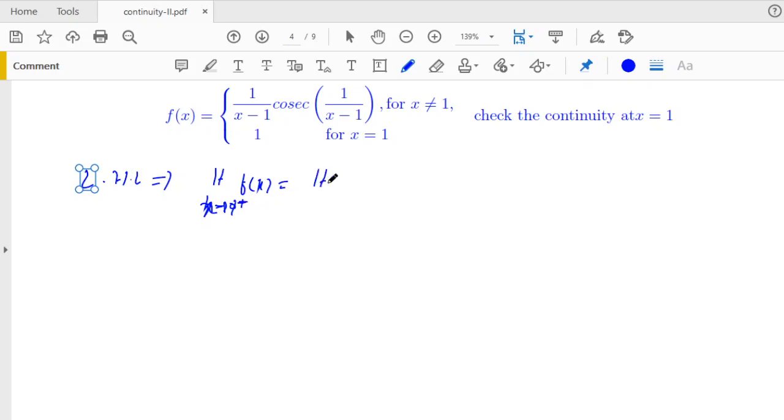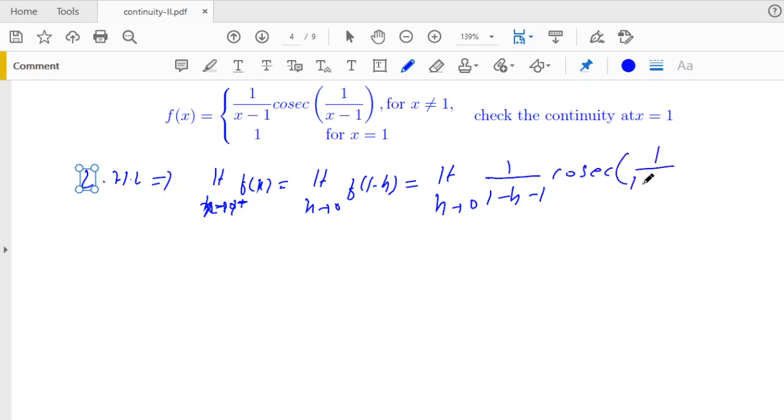This value equals the limit as h goes to 0 of f of 1 minus h. Substitute x equal to 1 minus h in this equation. Therefore, the limit as h goes to 0 of 1 minus h minus 1 into cosecant 1 by 1 minus h minus 1. 1 cancels.